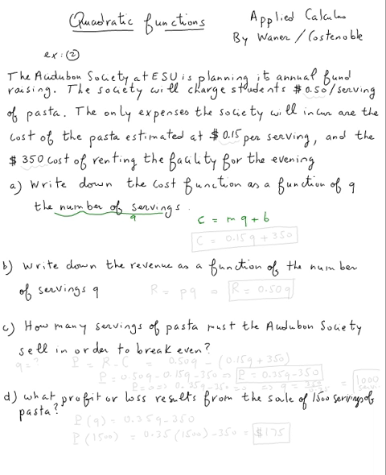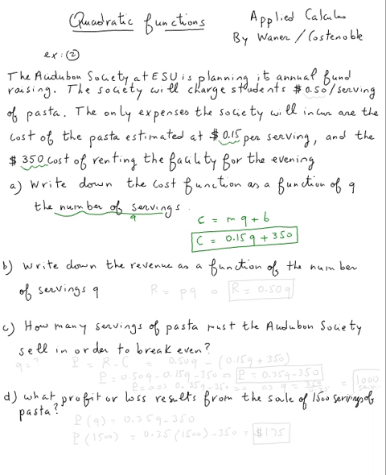So the slope here is, the cost is 15 cents per serving, so it's 0.15 times the number of servings plus, what's the fixed cost? Y-intercept is the fixed cost. The fixed cost is $350, cost of renting the facility. So 350. So this is C of Q.